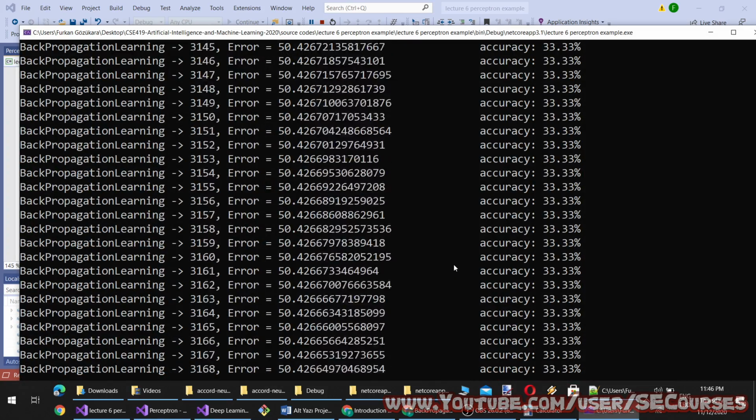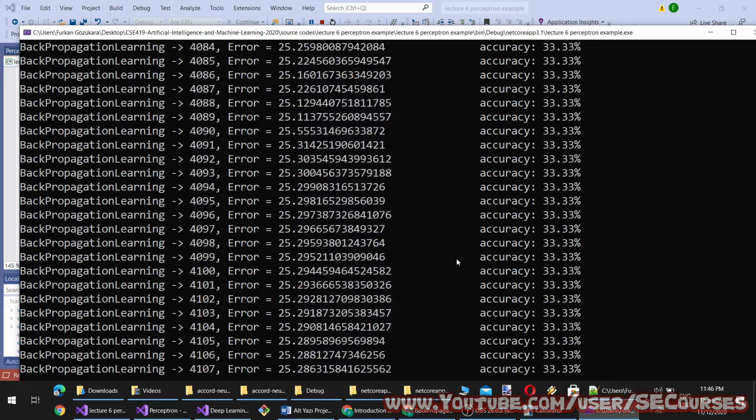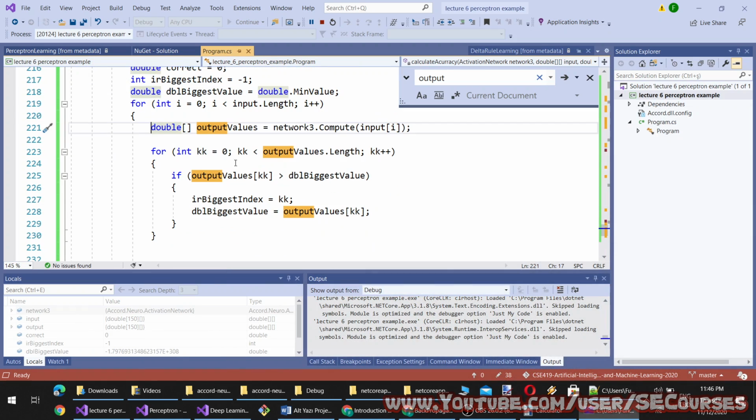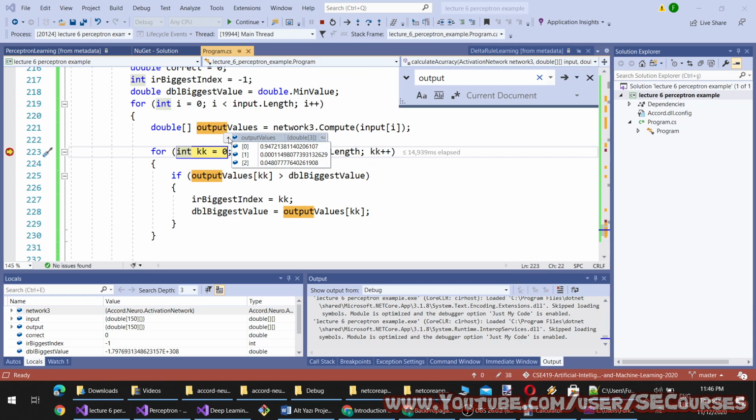The error never changes. It is really, I mean, the accuracy really weird. Okay, the output, the biggest output changes though.